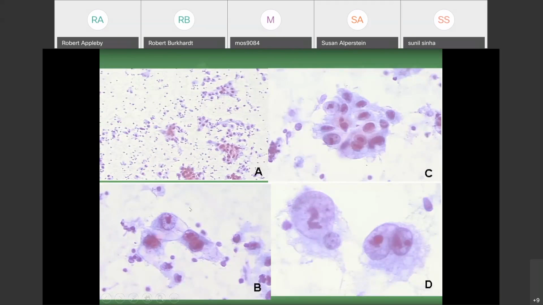To be familiar with different phases of HCC. And the purpose of classification is so your mind's eye is programmed to this. So if you have an aspirate looking exactly like this, you will recognize it.